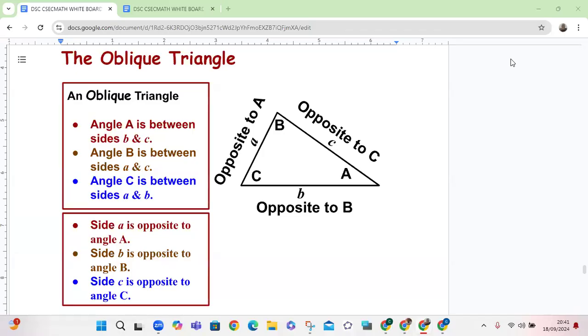Recall from a previous video concerning the oblique triangle that the word between refers to the angle between two sides.